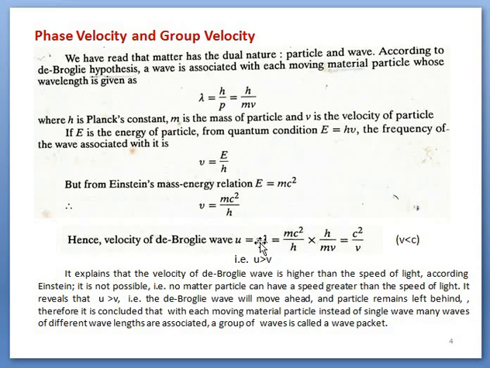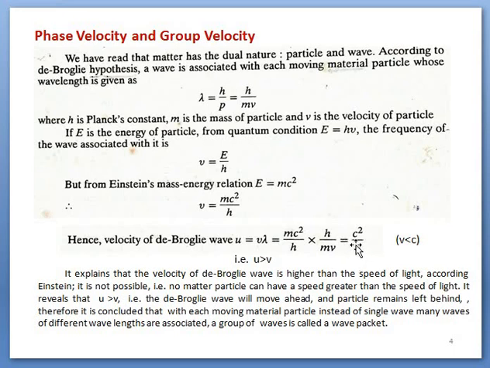So here this frequency is substituted from here, and this wavelength is substituted from here, m will be cancelled, h will be cancelled, and we have c square upon v. Here c is the speed of light and v is the speed of the matter particle.